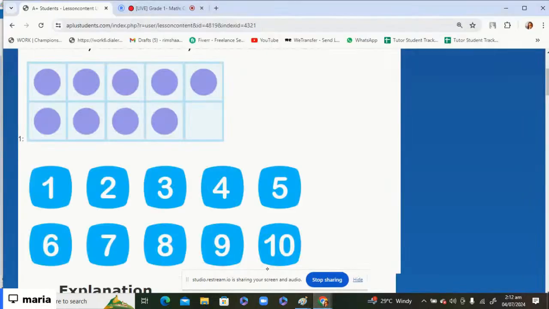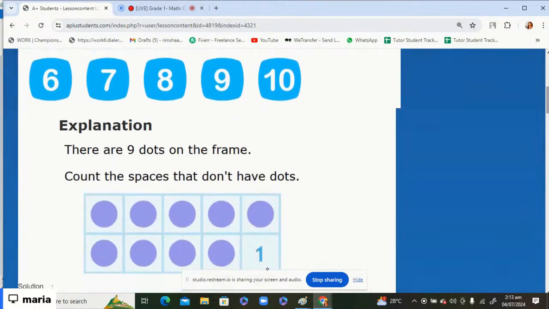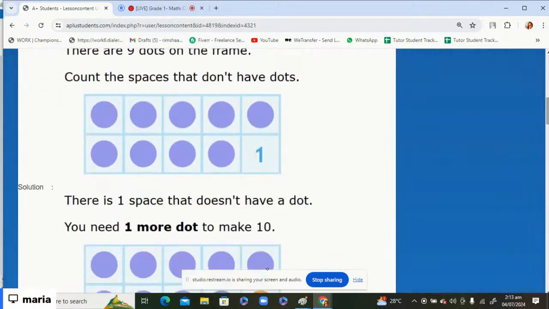So this total frame is 10. How many more dots are you going to add in this empty space? There is only one empty space, and when you put a dot here, it becomes a total of 10. So it's only one dot that you need.